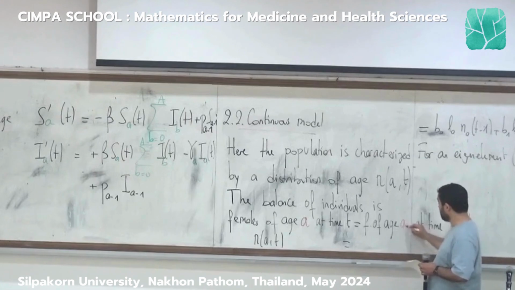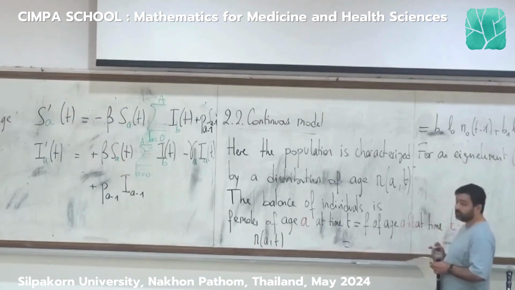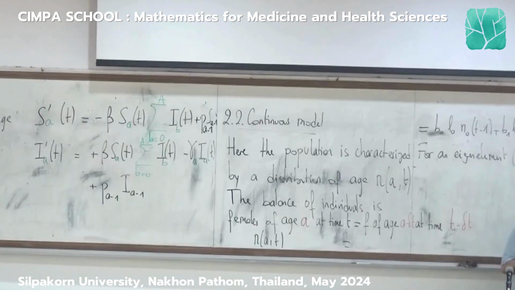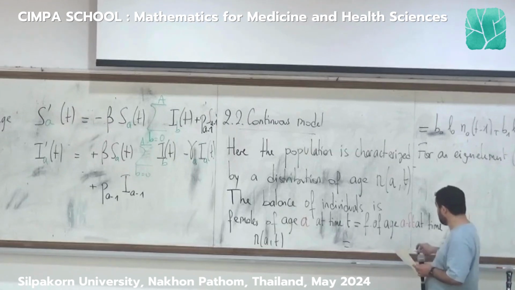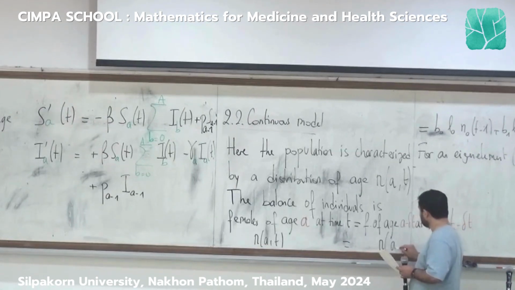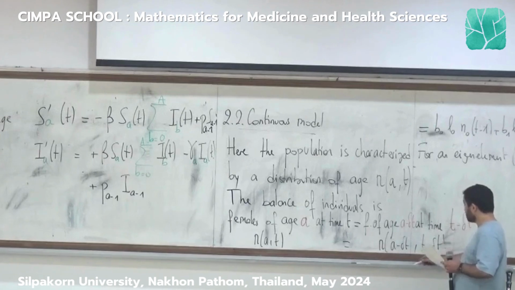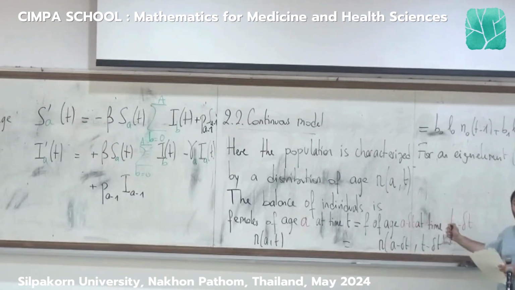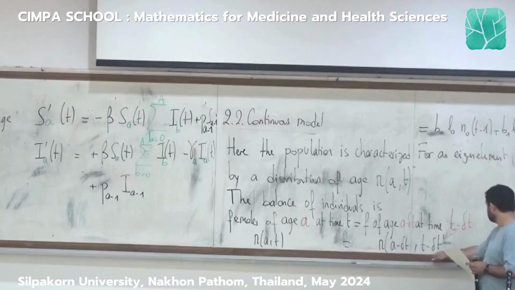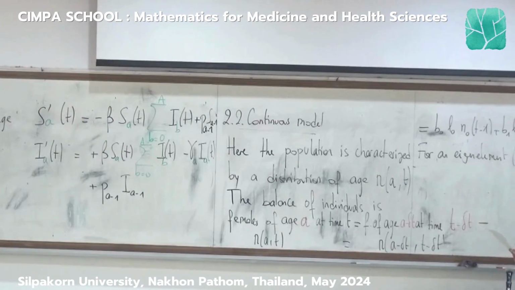So we will have age a minus delta t. Okay, so it's exactly as before. So here, I write n of a minus delta t at time t minus delta t. Who survives? We want to take out the people who die.